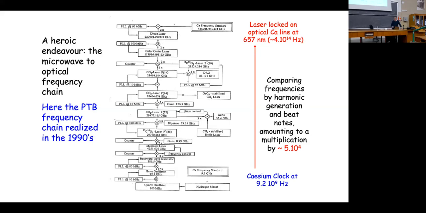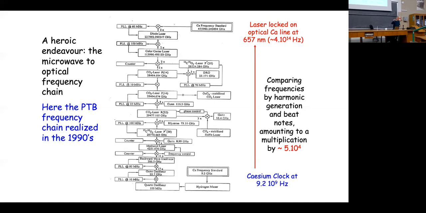I show you this here because this is already a tour de force experiment. It relies on the locking of lasers, which are locked to one another in a huge room. And the people who did that spent their lives to build these devices. And within a couple of years, when Ted Hänsch and John Hall invented the frequency combs, all this became obsolete because this was able only to measure specific frequencies.